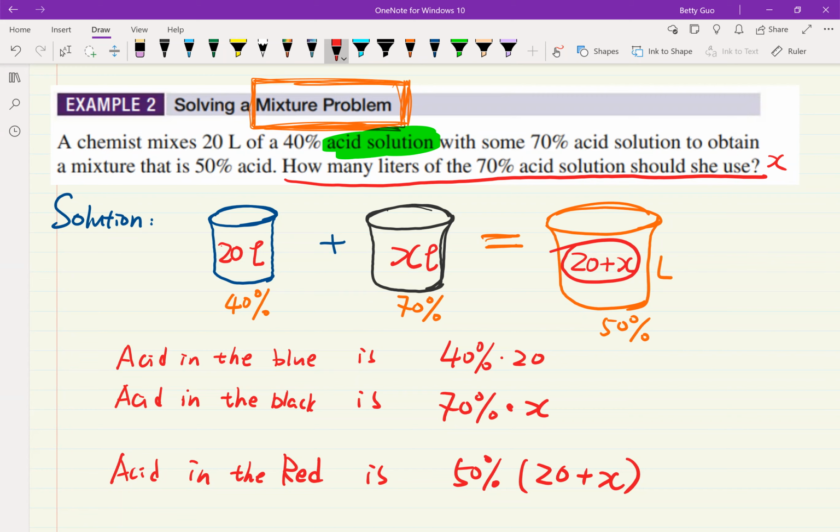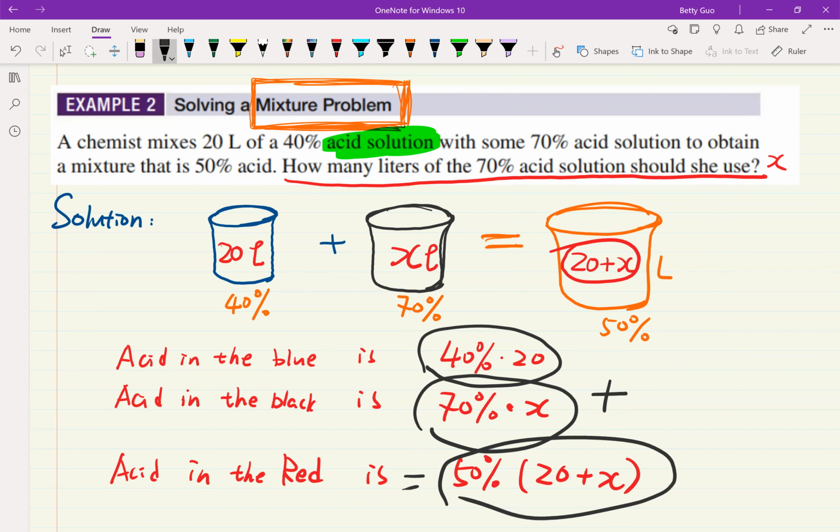Yes or no? Okay, the relationship is this. Do you agree? This guy plus this guy equals this guy. The acid in the blue plus the acid in the black gives you the acid in the red. Right? Okay, let's write it down.